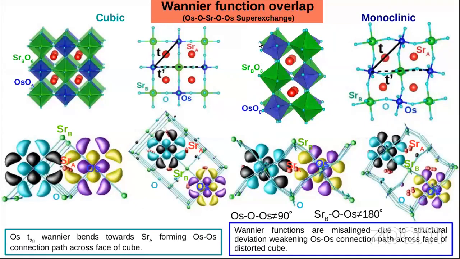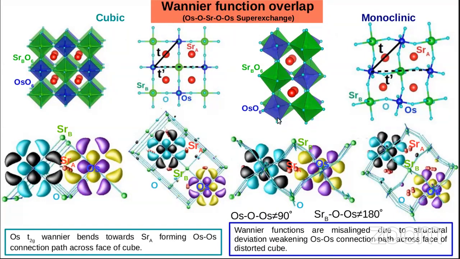Next, to understand the role of crystal symmetry on magnetism, we have plotted the Wannier function overlap here for both cubic and monoclinic structures. In monoclinic structure, the octahedra experience in-plane rotation and out-of-plane tilt.